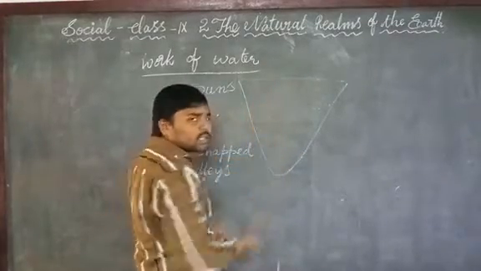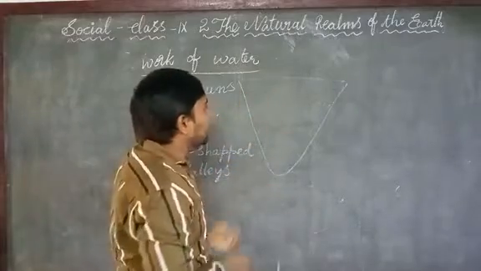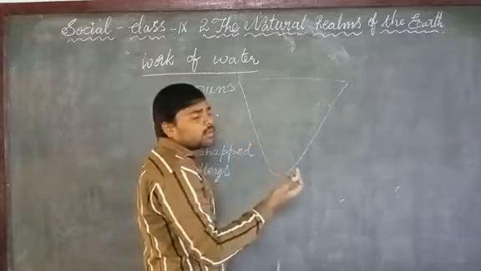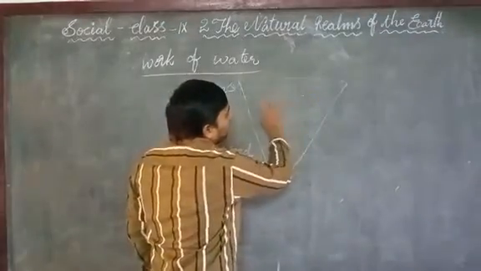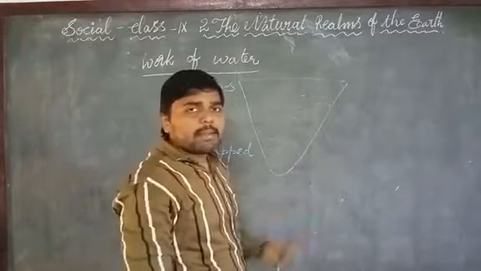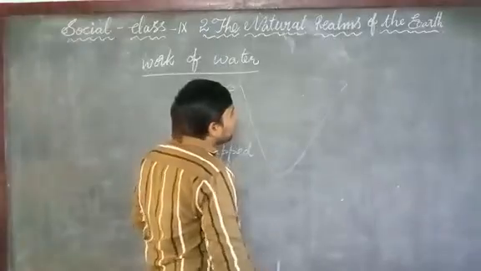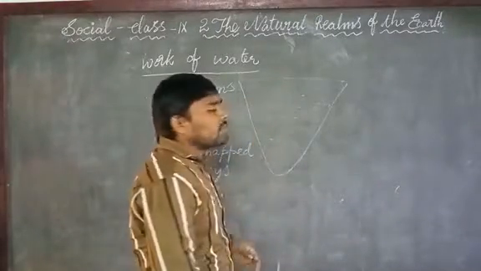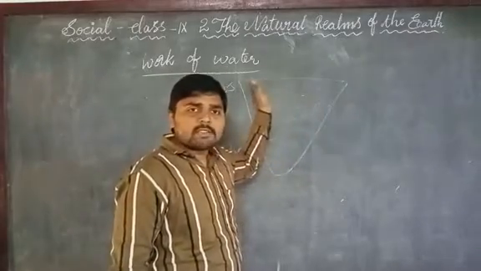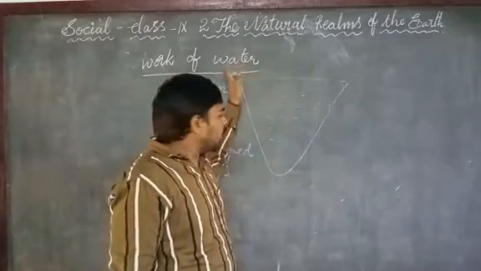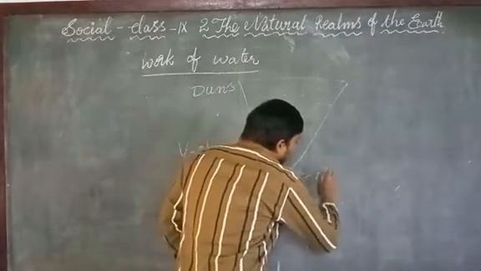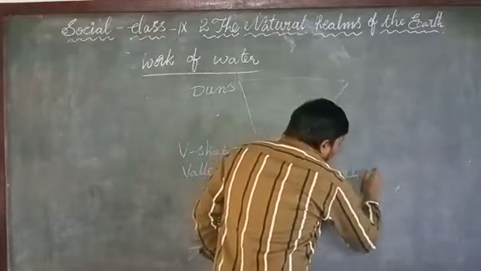Whenever the stream flow of water increases, it gradually increases its force. Due to such force, it erodes the particles in between the mountains. That is why these valleys are very broad at the top and very narrow at the bottom.